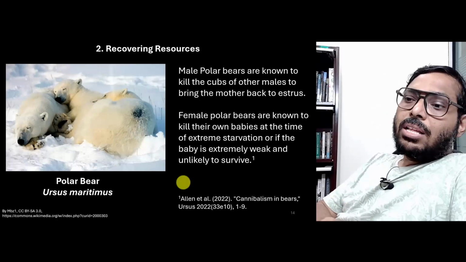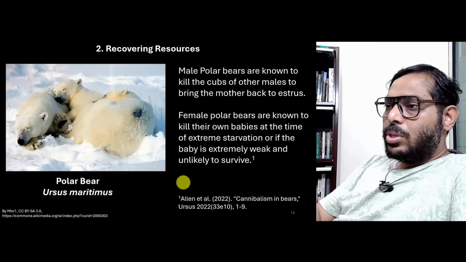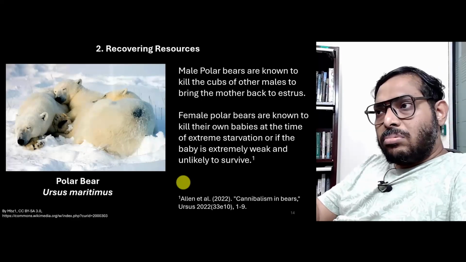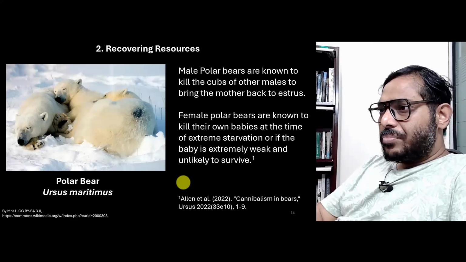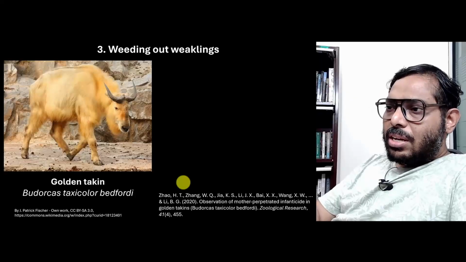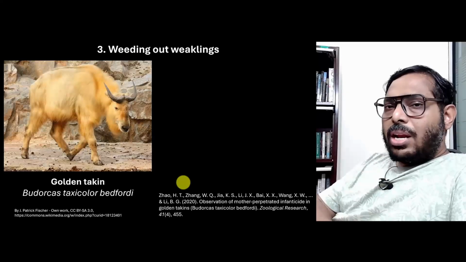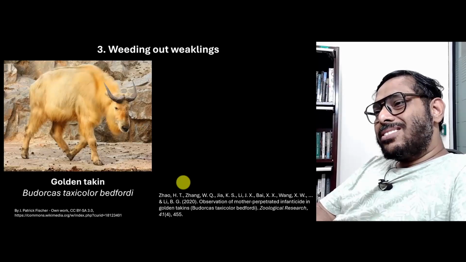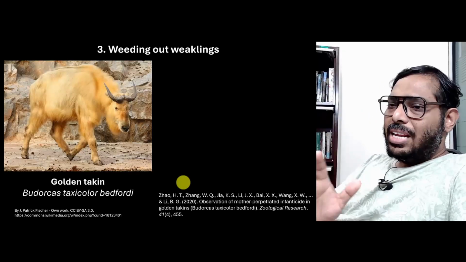Even in that case, the female can kill the baby and eat it. This is thought of more in terms of recovering the resource so that they are able to survive longer. Obviously, recovering the resource in this way works if you are a carnivore. The third interesting way is that there are situations where organisms weed out the weaklings without necessarily eating them.